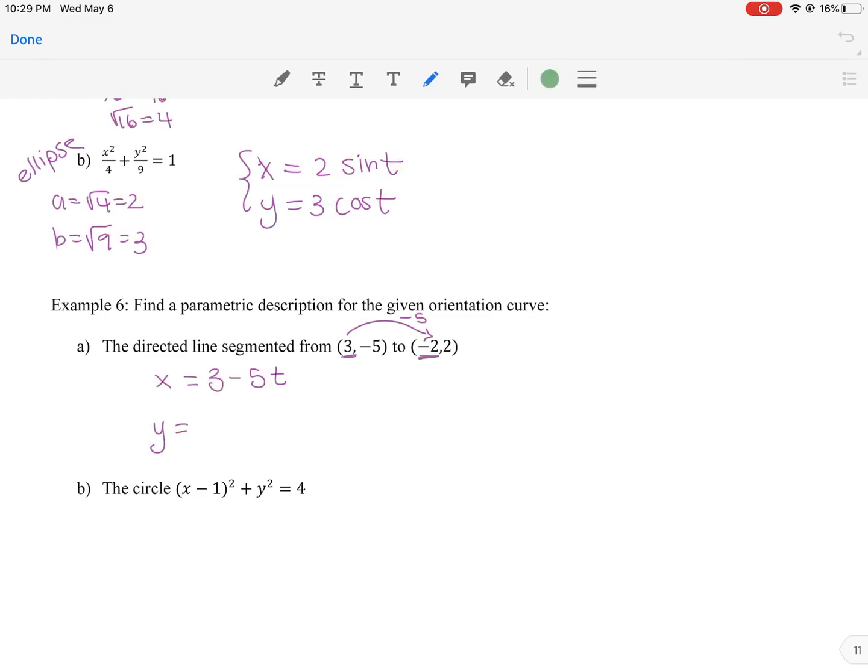Use a similar logic for your y values. We're starting here now at negative 5. And I'm going from negative 5 to positive 2, so I'm adding 7. So think about your slope is plus 7t. In this case, they will give you some directions for t. For t, usually you want it to start at 0, because when I plug in 0 here, we get our starting point of 3, negative 5.